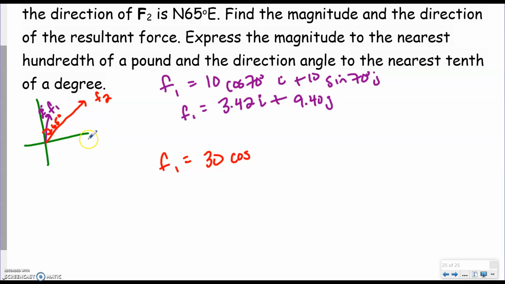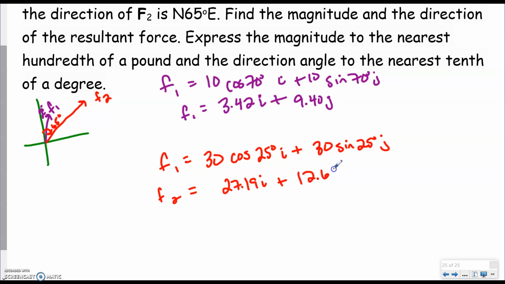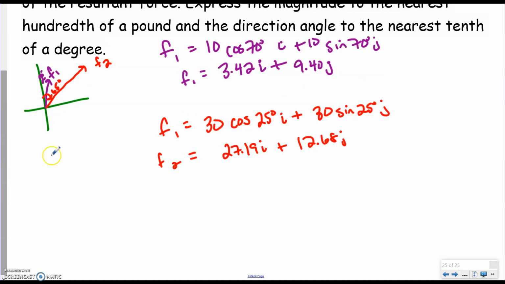We're going to do 90 minus 65, which gives us 25. So 30 times cosine of 25 degrees i, and 30 sine of 25 degrees j. Type that in your calculator. So F2 is 27.19 i plus 12.68 j, and those are our two forces.